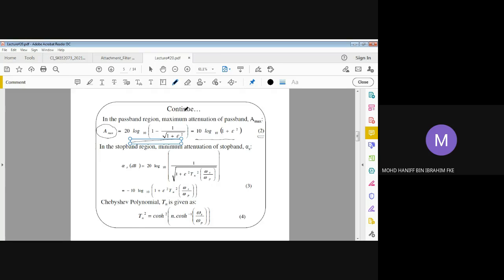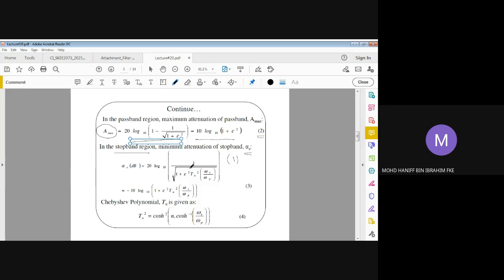For the case of low pass Chebyshev filters in the stop band region, it can be written that the stop band attenuation alpha s is obtained from equation number 1, where we substitute omega with omega s and the amplitude with alpha s.